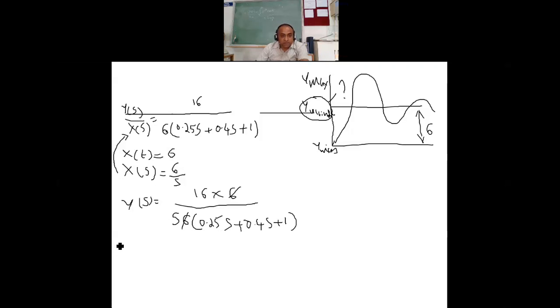Now what is the next step? You are supposed to take the Laplace inverse of this. So if you take a Laplace inverse, you get y of t equals to, can you tell me what you get if you take a Laplace inverse? Please remember, this is the denominator.